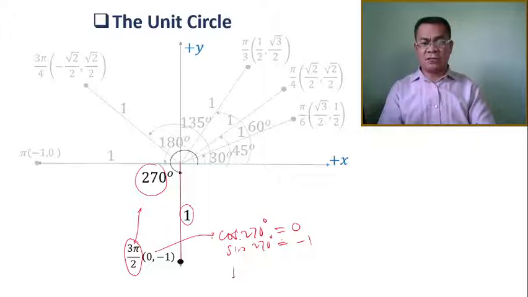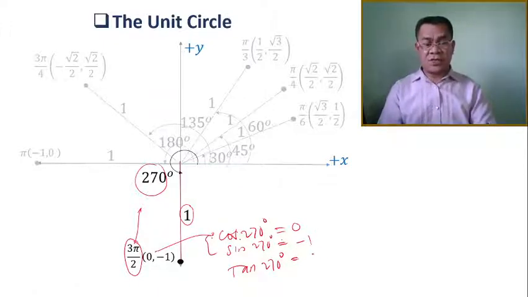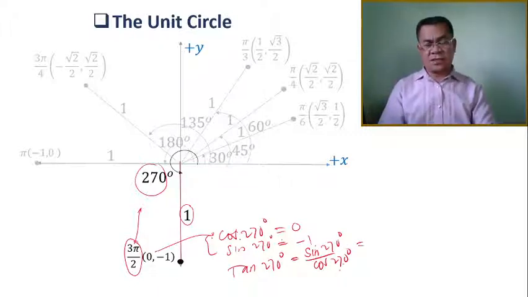Now what is the tangent of 270 degrees? Since we have these values, cosine and sine, use the quotient formula. Sine of 270 divided by cosine of 270 is tangent of 270.